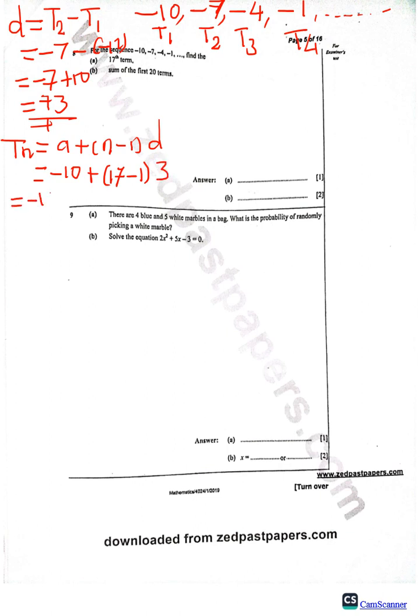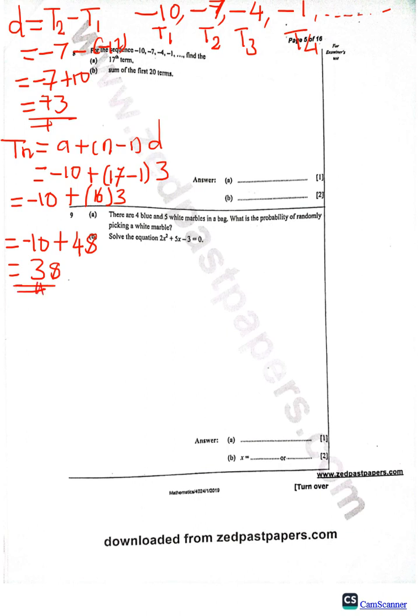So negative 10 plus 17 minus 1 is 16, multiplied by 3. So negative 10 plus 3 times 16, which is 48. Then negative 10 plus 48 is positive 38. So this is our 17th term.